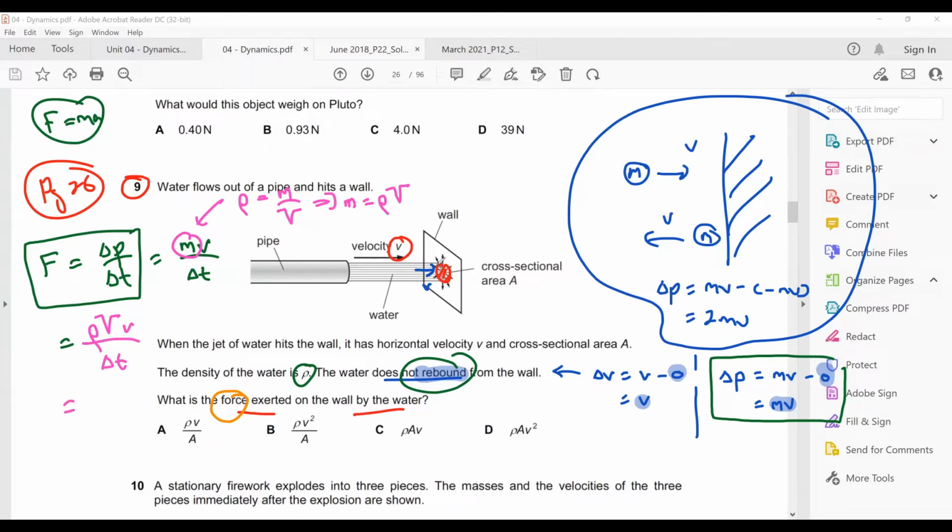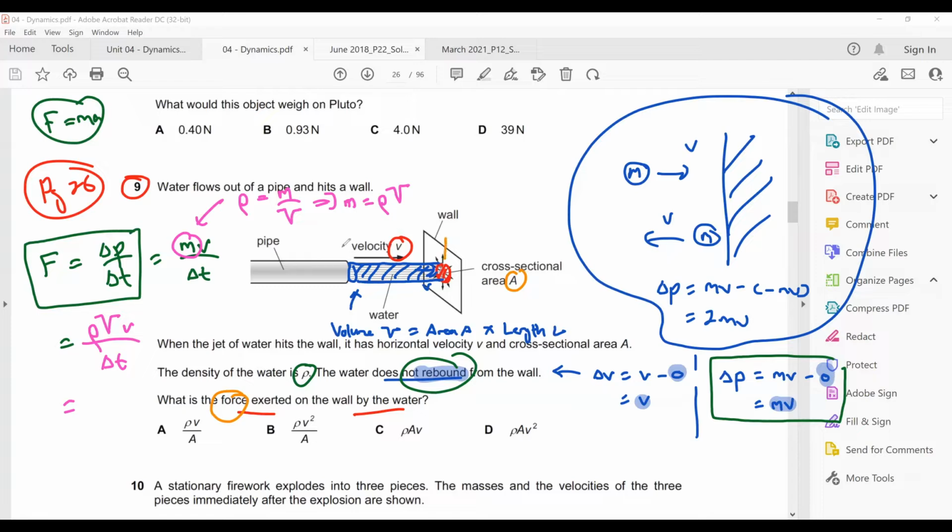Now, your volume is this one here, isn't it? I try to do it properly. Your volume is actually this entire thing, and this is your volume V. Now, your volume V will be equal to area A times length L. Area A, you already know it here.